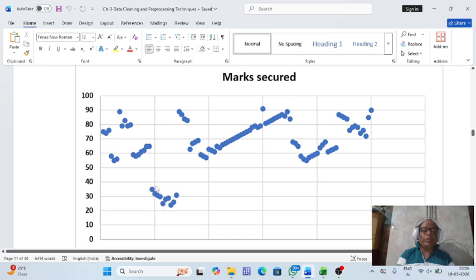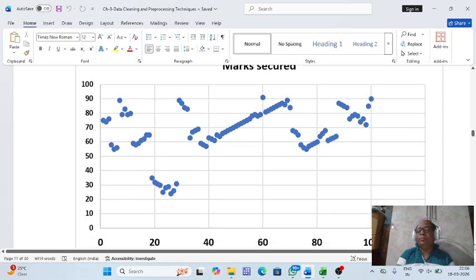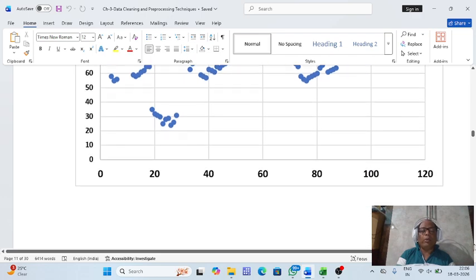This is a cluster, or a collection of students who collectively are outliers from the rest of the data. So this is a collective outlier.